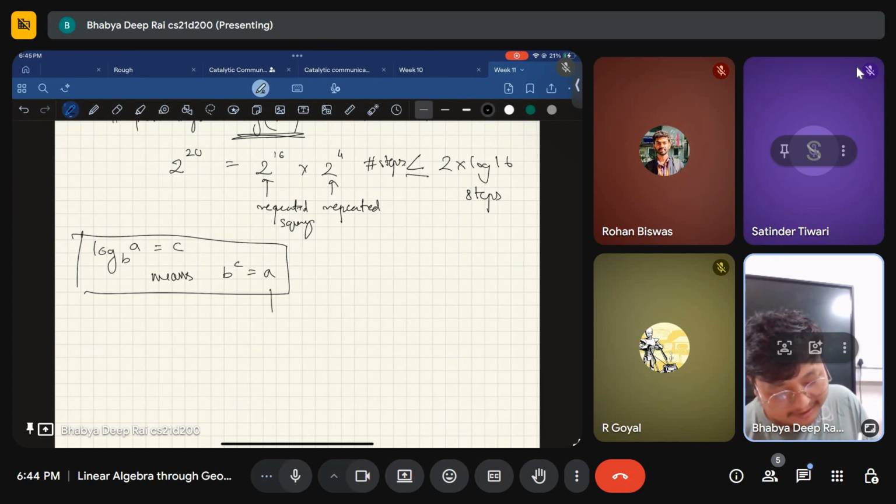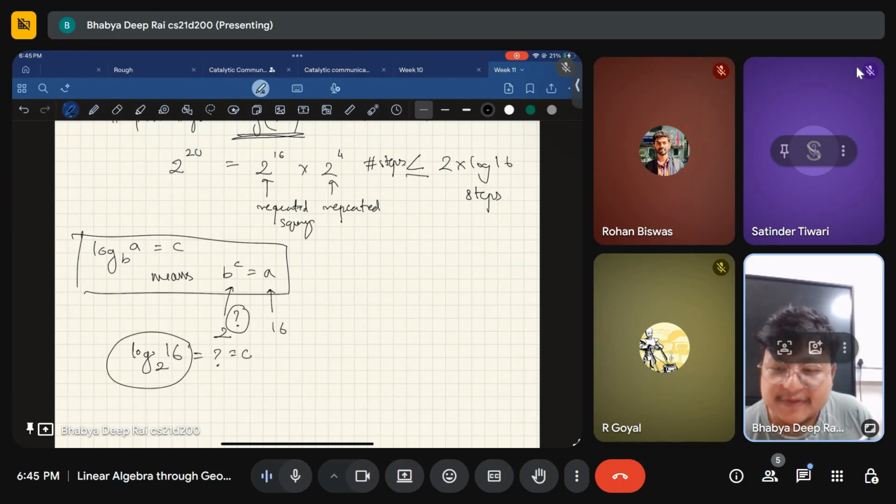So that means A is 16 here and B is the base here. And how can I reach 16 by powering 2? So it becomes log of B, which is 2, and A is 16, equals that question mark, which is C. So that's what I'm finding. Log of 16 is 2. Is that clear, Satinder?